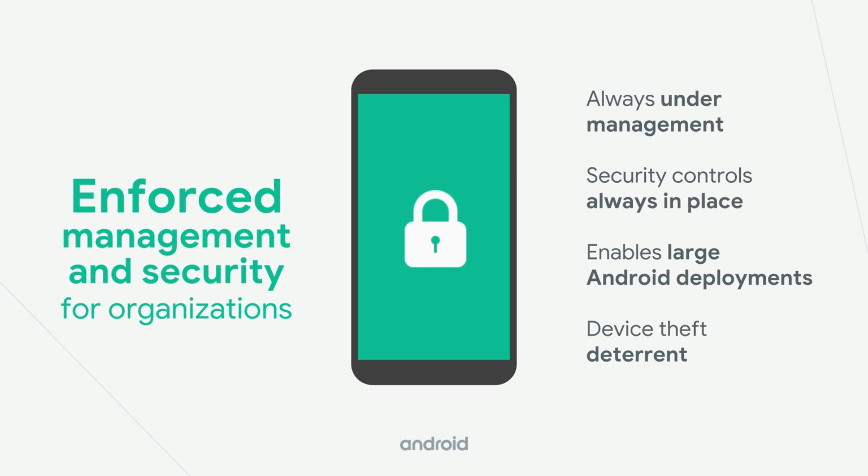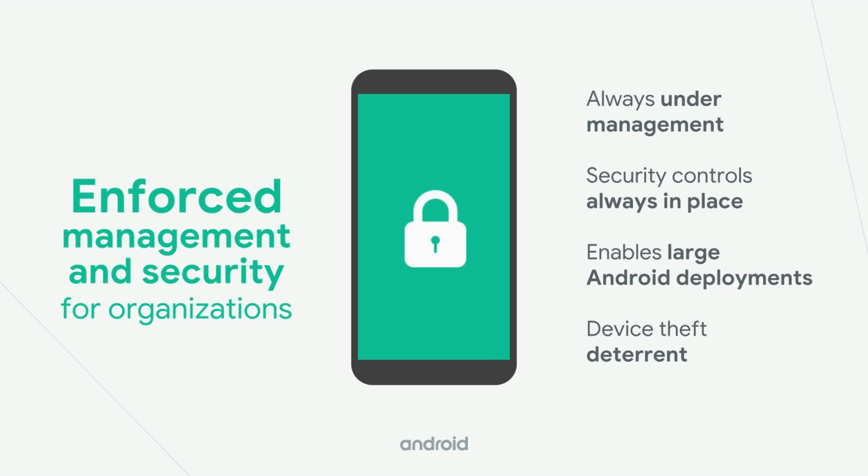Obviously, this enables large Android deployments because it's going to be much easier and faster to enroll all the Android corporate devices. And it's a deterrent for device theft because you know that the device belongs to the company and is locked into the company policies through the EMM.